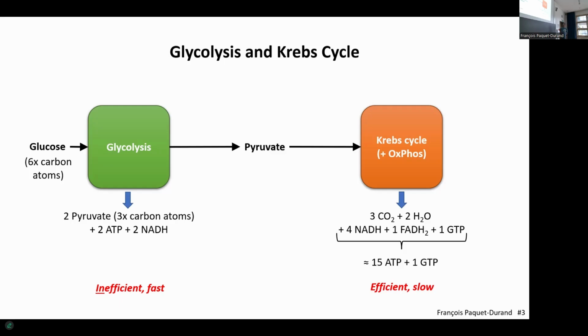If one is much faster than the other, you probably all see that this is a problem. If you run glycolysis, you get all this pyruvate and it cannot be processed fast enough. You need to get rid of the pyruvate because it will feedback inhibit glycolysis, and then you're stuck. So this coupling is a problem.